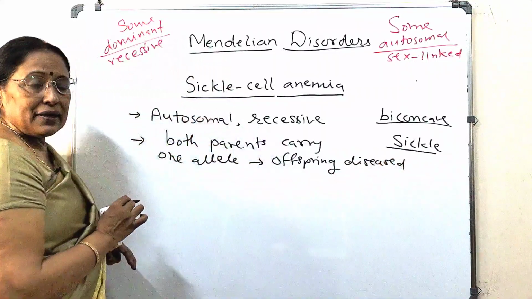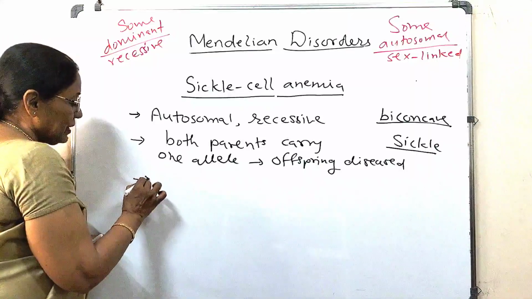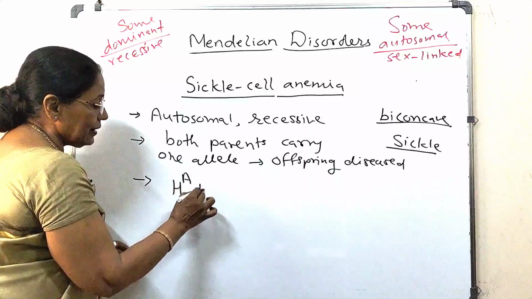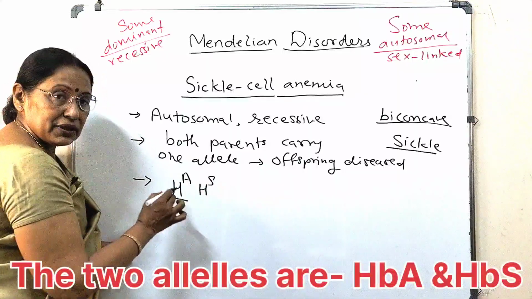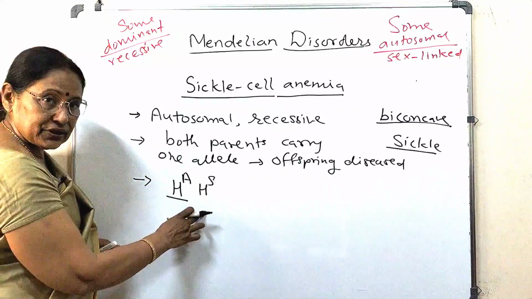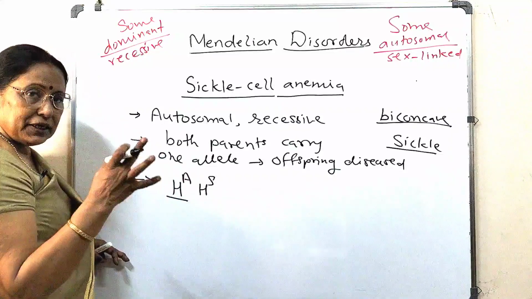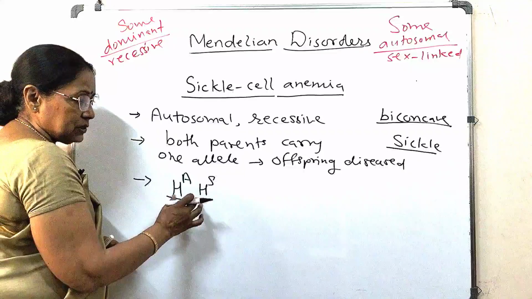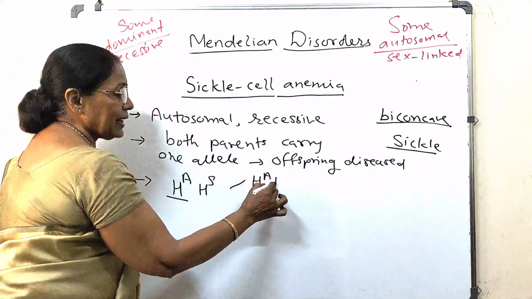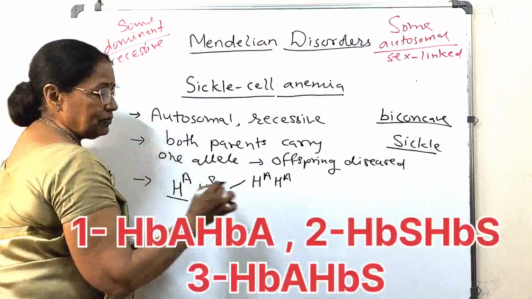This gene has two alleles, HA and HS. This HA is the normal one. We all are having HA. What are the three different possibilities from these two? One is that it is homozygous for A. This is the normal one.